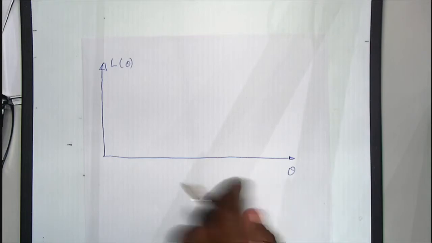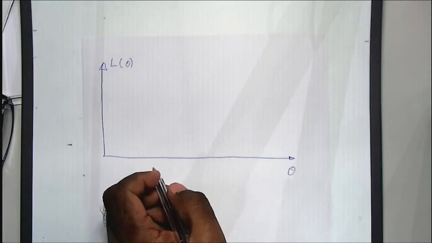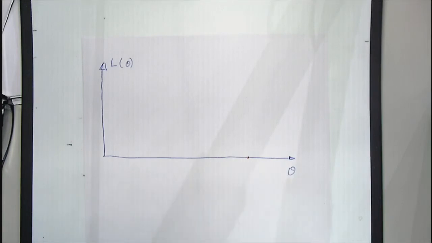Now, if I plot this, how do you think it will look like? Come on, guys. You should know this, guys. How do you think it will look like if I draw a graph of it?